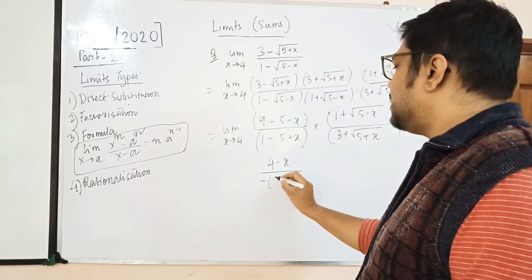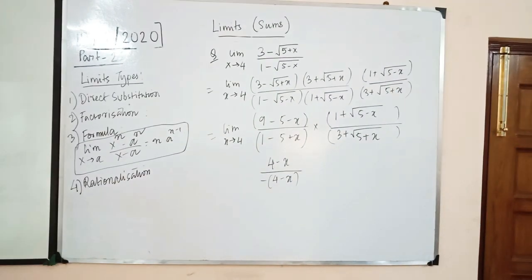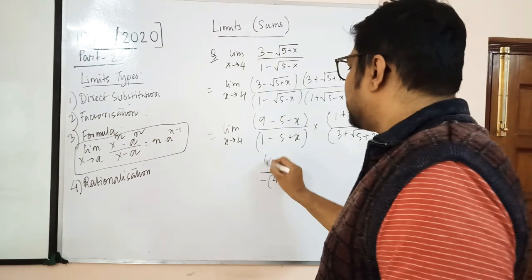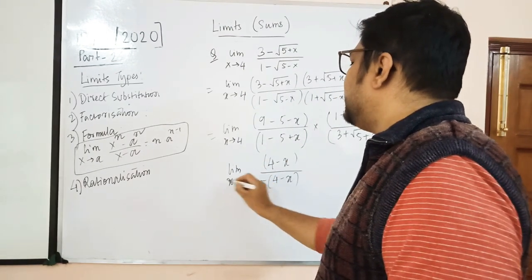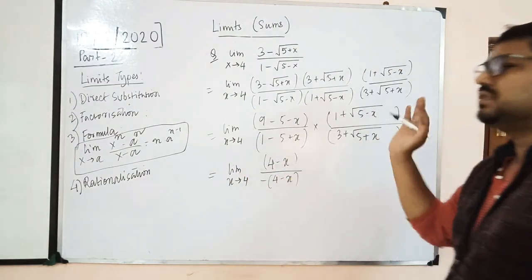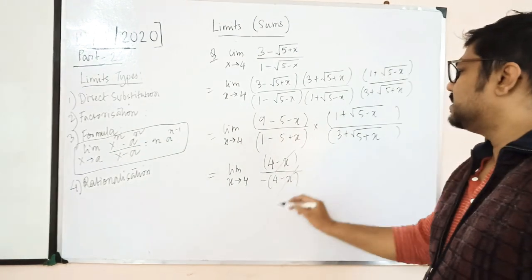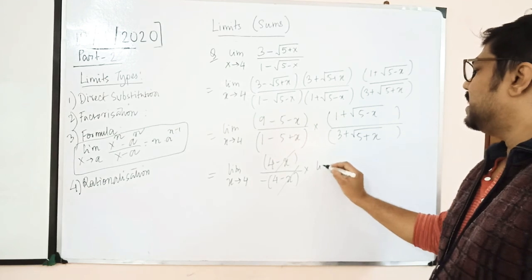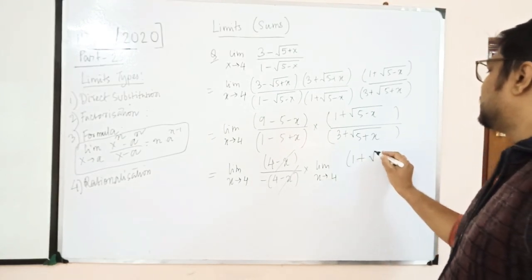So I will take a common 4, so I get like this. Just do the calculation like this, you will get this, and then you can see the problem area is gone. We can eliminate the problem area, that is, 4 minus x is gone. You can cancel it, leaving behind this.